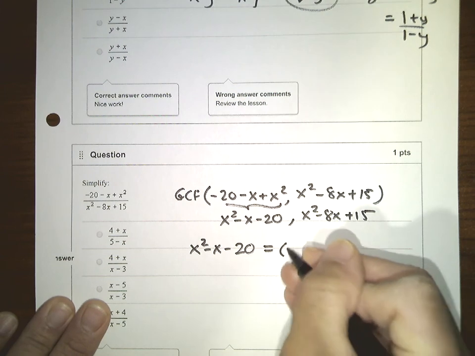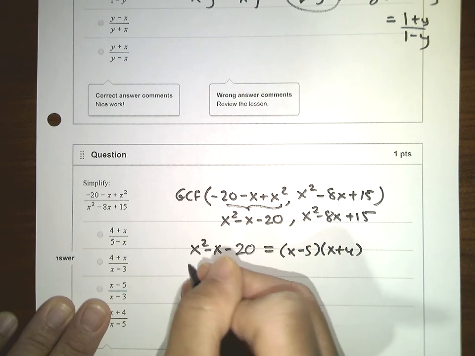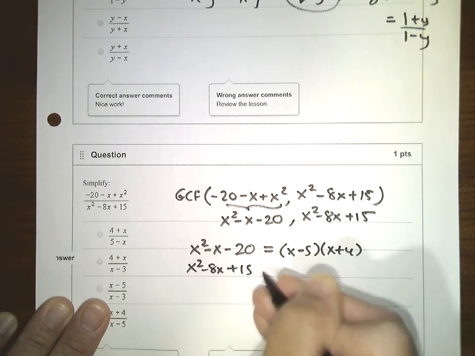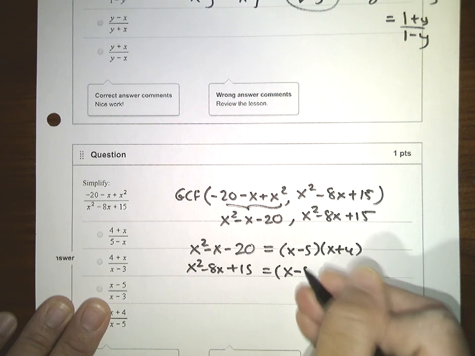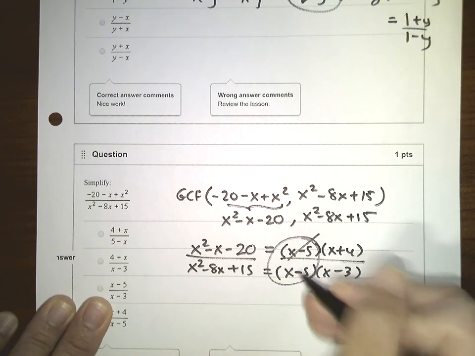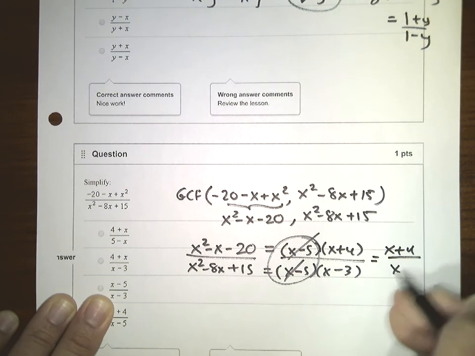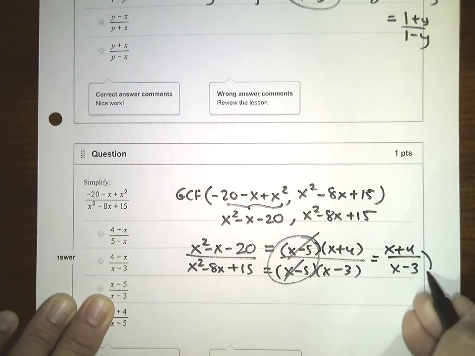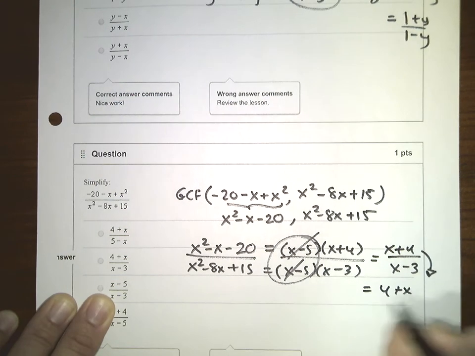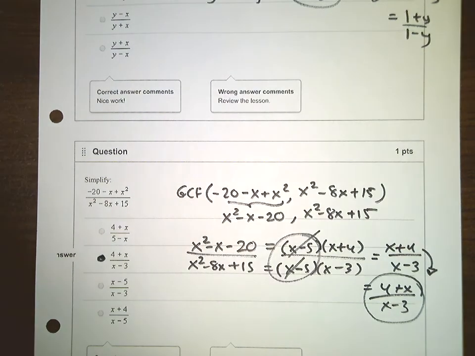I have x minus 5 times x plus 4, then the denominator x squared minus 8x plus 15 is x minus 5 times x minus 3. Then I see the GCF as x minus 5, and I am left with x plus 4 over x minus 3, or the x plus 4 can be rewritten as 4 plus x. So I match the solution over here, 4 plus x over x minus 3. What a time to be alive.